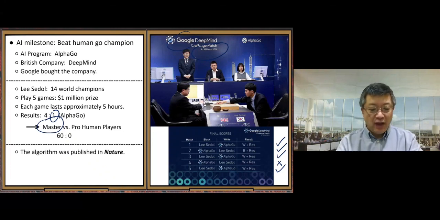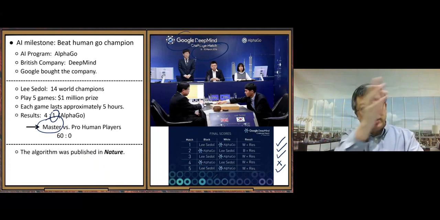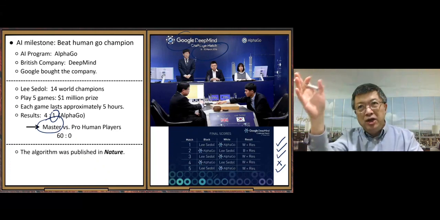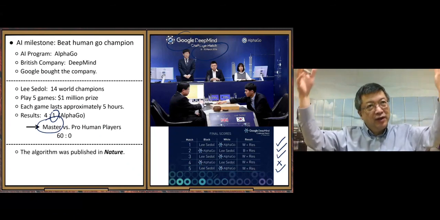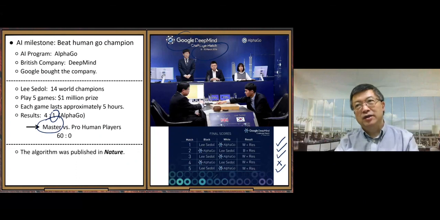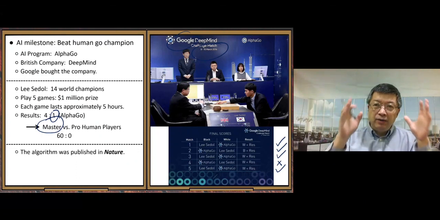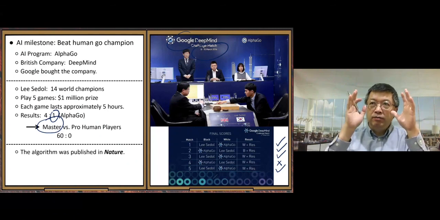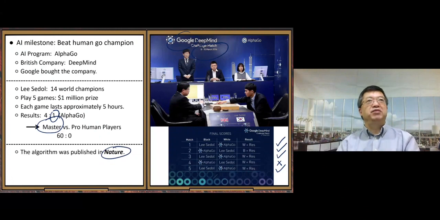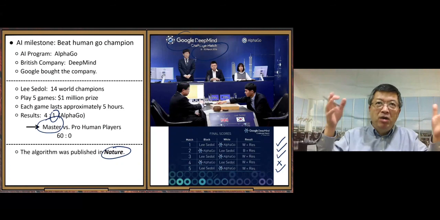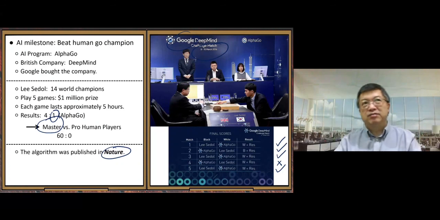All right. So the detailed algorithm: the Google DeepMind team, approximately 15 members, wrote a very important paper and published it in Nature. So everybody can study that paper and implement the algorithms.